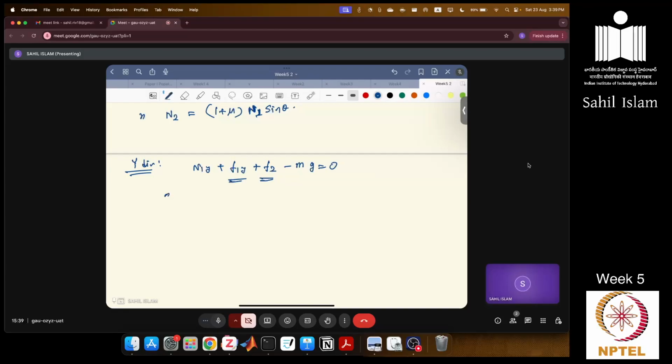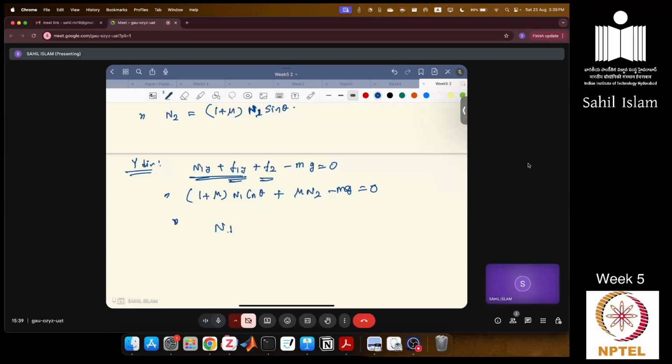So we can write 1 plus mu n1 cos theta from this 2 plus mu n2 minus mg equals 0.